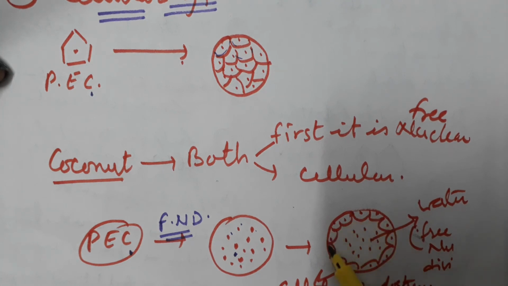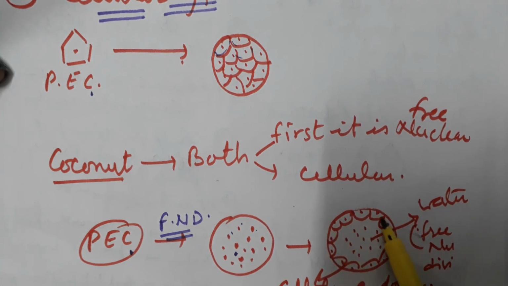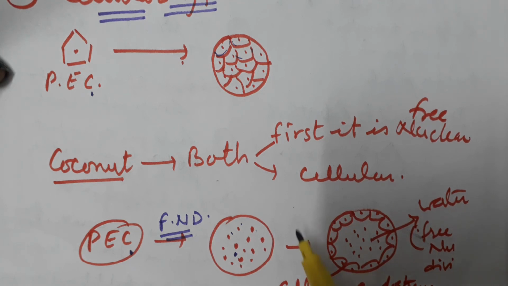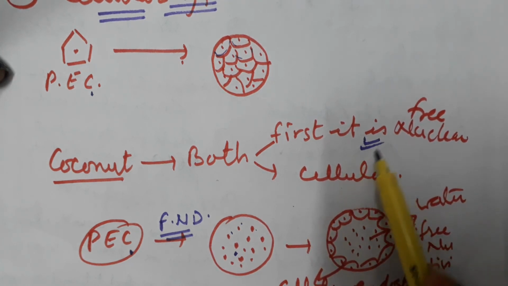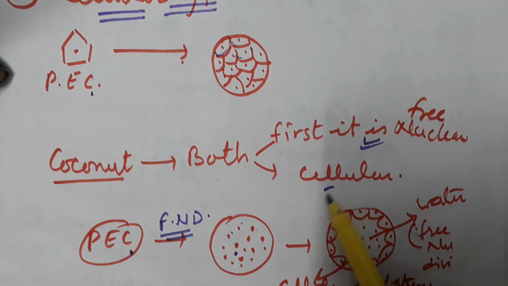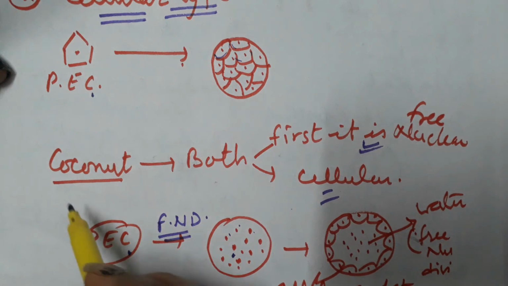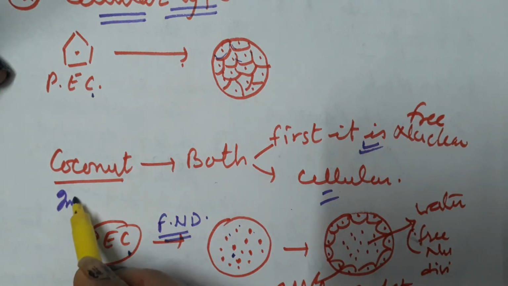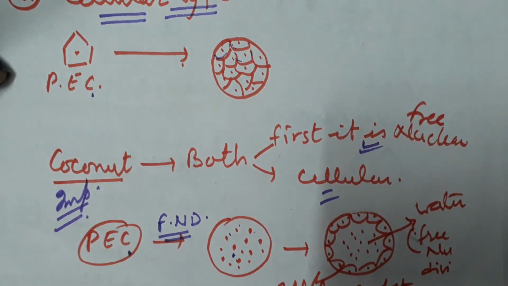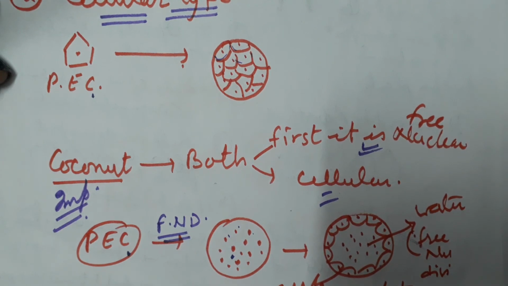So at the periphery, the white edible portion of coconut is produced due to cellular type of development of endosperm. This is how in the case of coconut, first free nuclear type of endosperm development takes place and then cellular type of endosperm development takes place. Development of endosperm in the case of coconut is very, very important from the CBSE point of view.